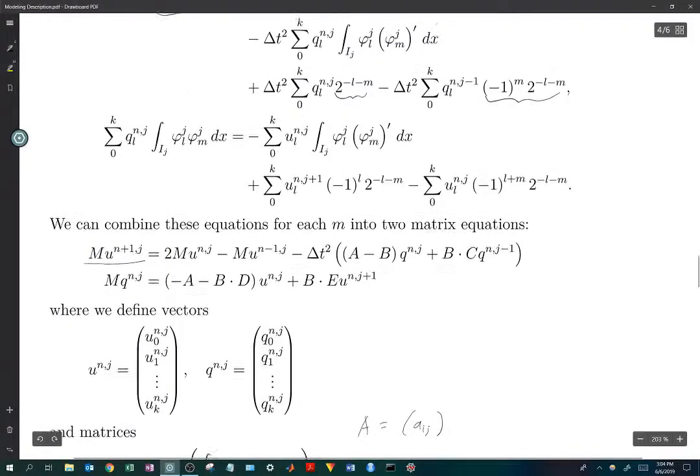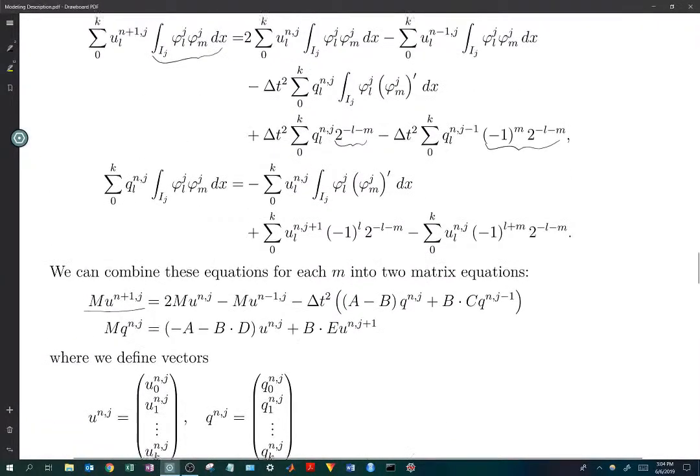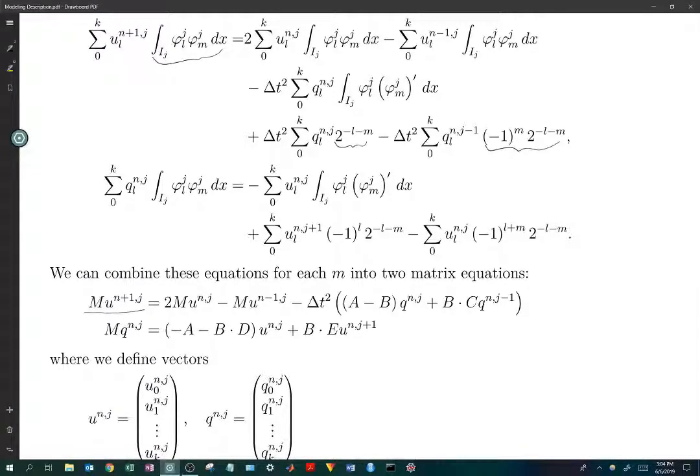We can see how we get there, because if you fix an m, then you take the sum from 0 to k of this thing. That can be written in vector form.